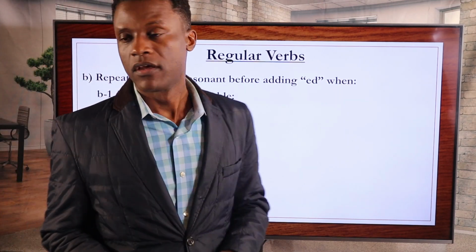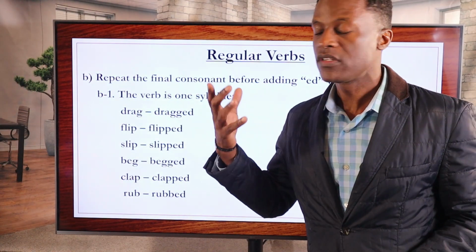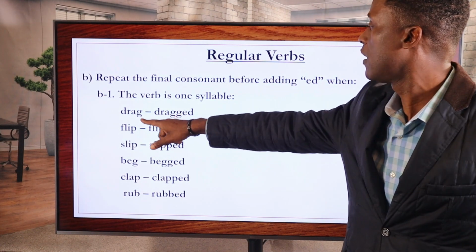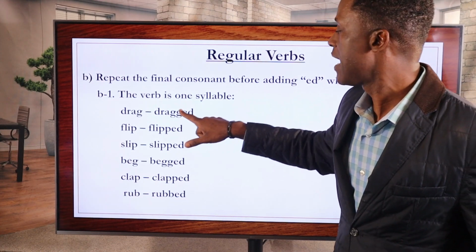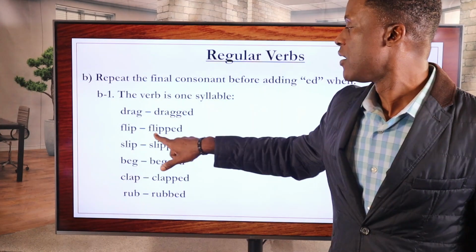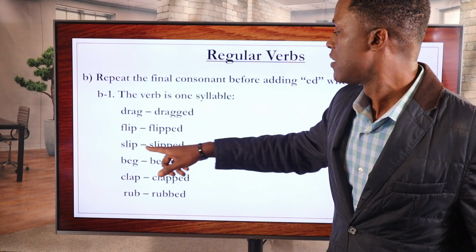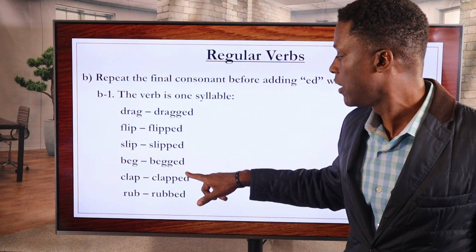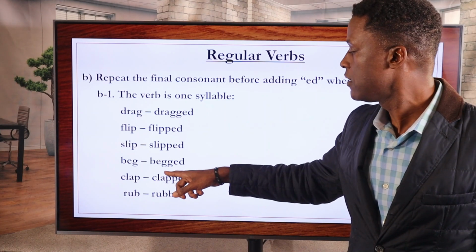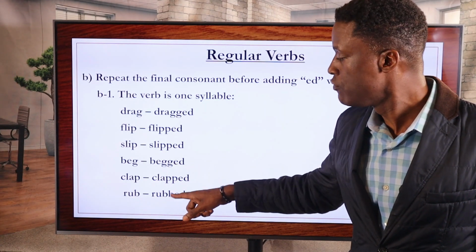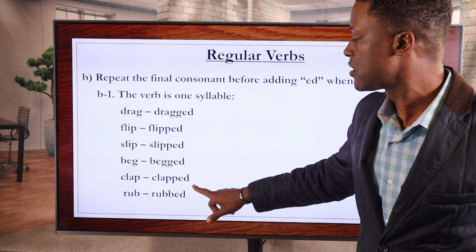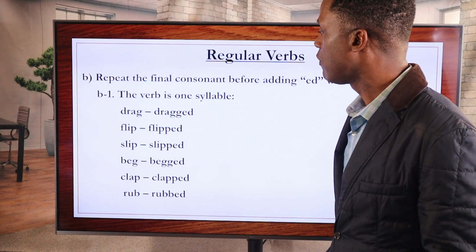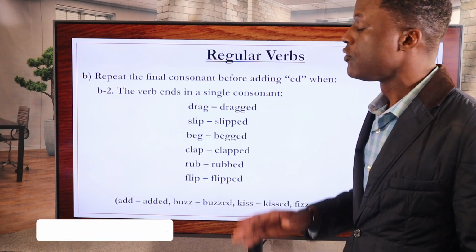For instance, drag, that's one syllable. Repeat the G, so dragged. Flip, flipped. Slip, slipped. Beg, begged. Since it's just one syllable, I double the consonant. Clap, clapped. Rob, robbed. And that's it. Very, very simple.